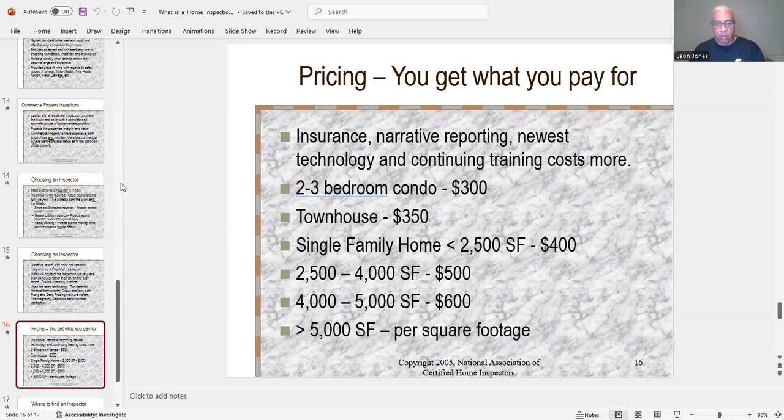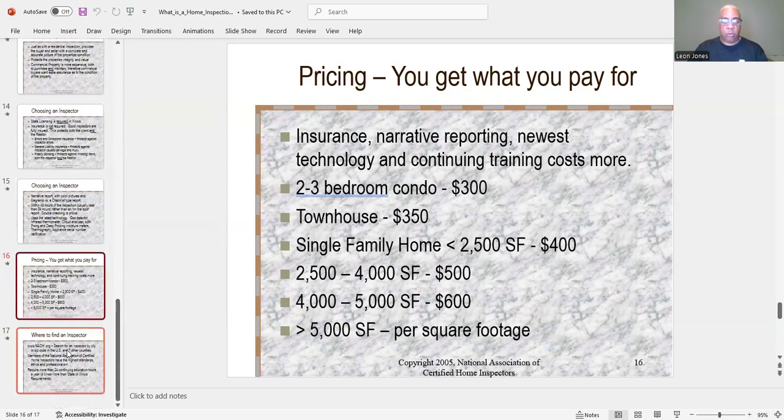And you'll have to work out a price for anything over 5,000 square feet, per square footage. These are generally the prices. Now, where do you find a home inspector?